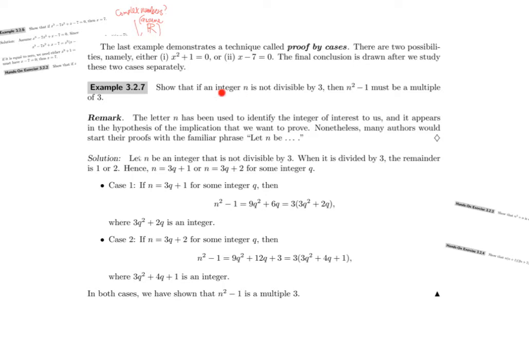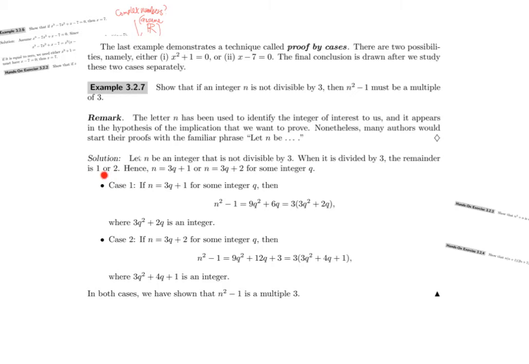In this case, an integer that's not divisible by 3. Either way, it's a good idea to start your proof by saying something like that. So they start with let n be an integer that is not divisible by 3. When it is divided by 3, the remainder is 1 or 2.